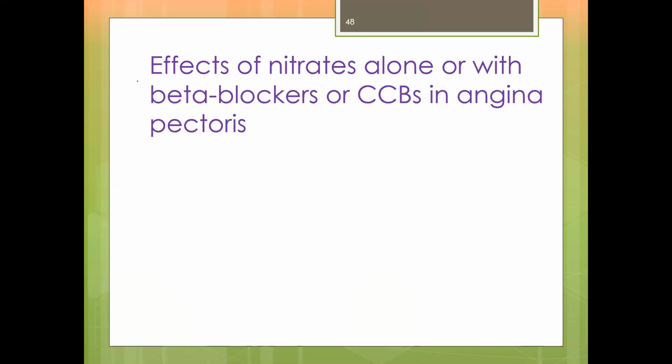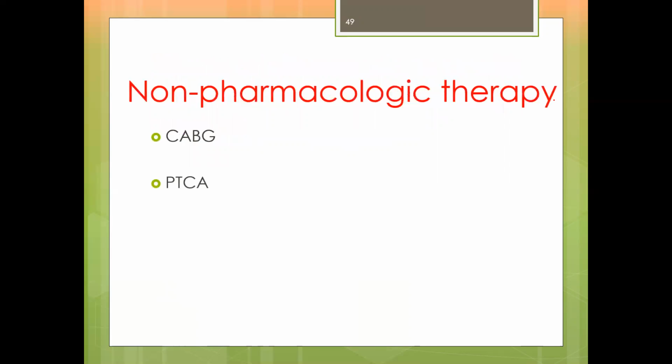Consider studying the differences when nitrates are given alone, or given with beta blockers or calcium channel blockers in angina pectoris. This is like homework for you to go back and study.